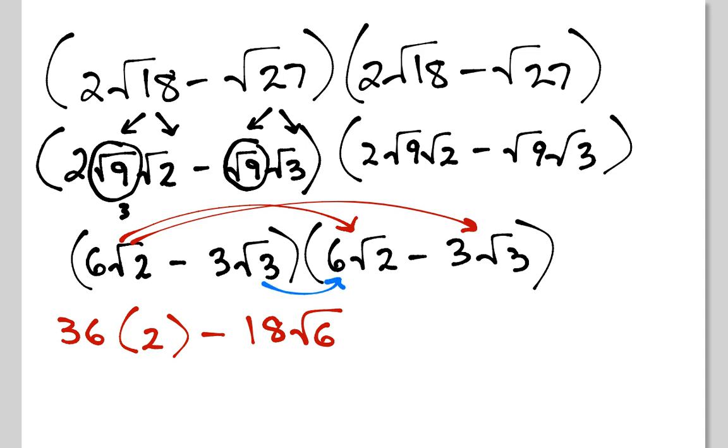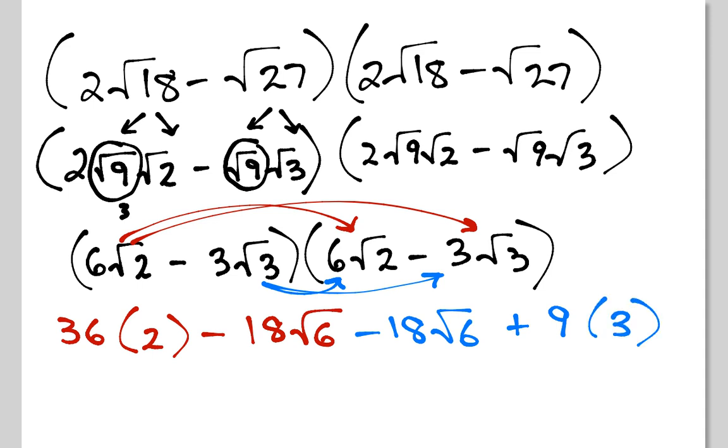A negative 3 and a positive 6, it is the same thing because it's a square. And then on the last, got to be careful because you have a negative by negative. So you have positive 9. And then what's root 3 times root 3? Root 9, which is just 3.